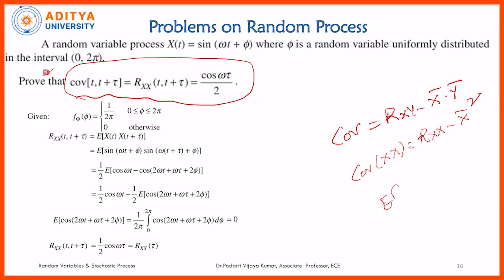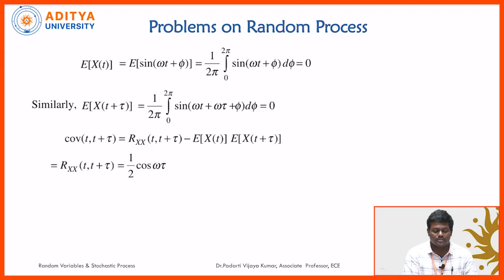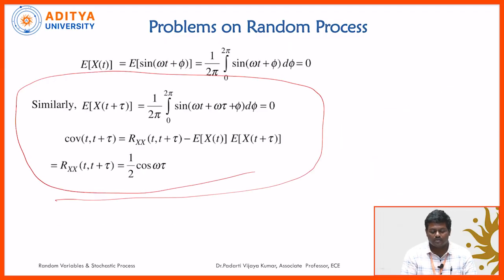We know that expectation of x(t) we already computed in the previous problems, we will get 0, and Rxx we will get 1/2 cos(omega tau). So, covariance will be 1/2 cos(omega tau) minus 0 square, we will get 1/2 cos(omega tau). So, this is the covariance answer. Covariance and autocorrelation are the same because here the mean is 0. Expectation of x(t) is 0.